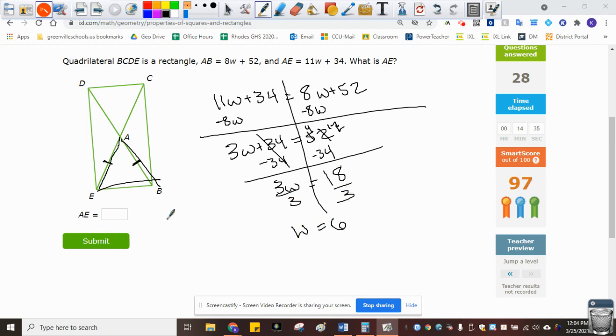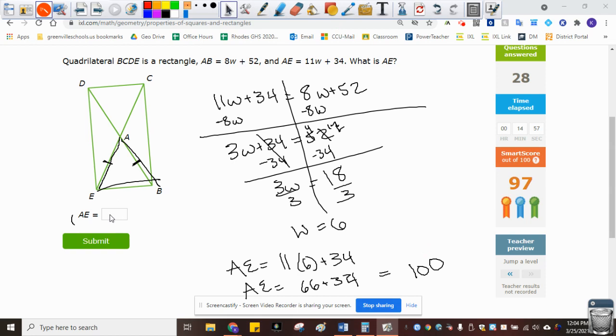W is 6, but that's not what it's asking. It's asking for AE. So AE was 11 times 6 plus 34. 66 plus 34, 0, carry the 1, 100. And I'm not 100% sure about this one just because I did that math very quickly.